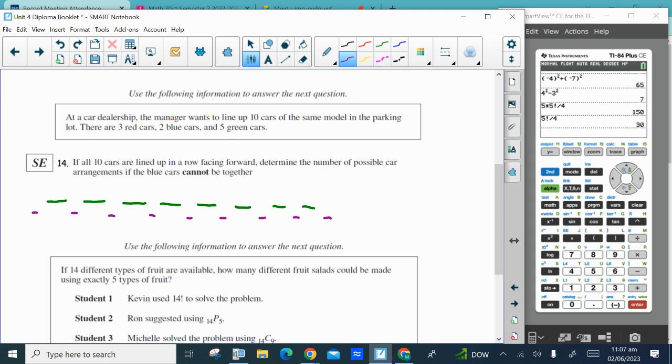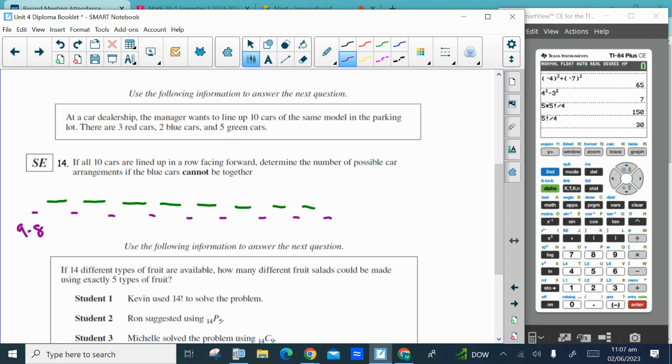So there are 9 places that you could place the blue cars. Now you're only placing 2 of them, but you have 9 choices for that first blue car. Right? So that would be 9 places for the first blue car times 8 places for the second blue car. And now the blue cars are done.